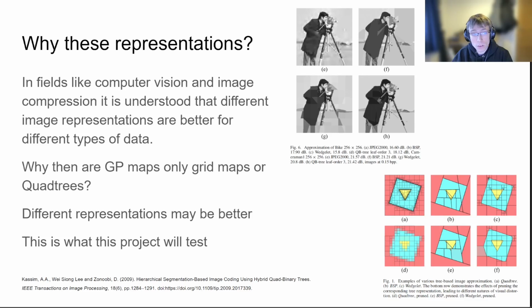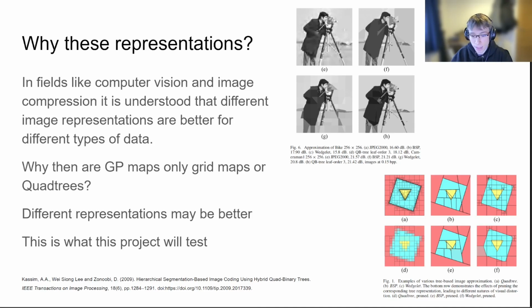If you look at works that use Gaussian process mapping, you'll see that they will mainly use grid maps and quad trees. But if you look at a field like computer vision, you can see that many more representations exist, and it's understood that different representations will be able to represent an image better compared to others.